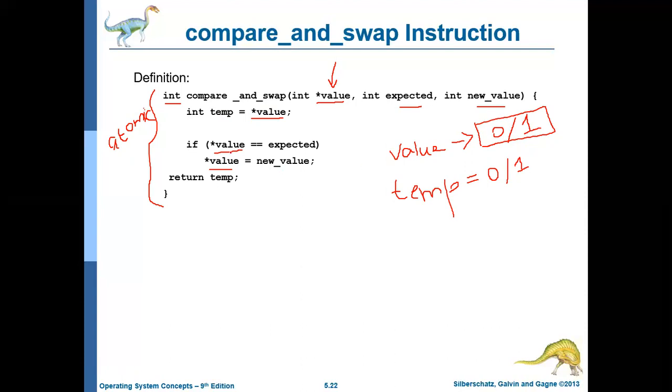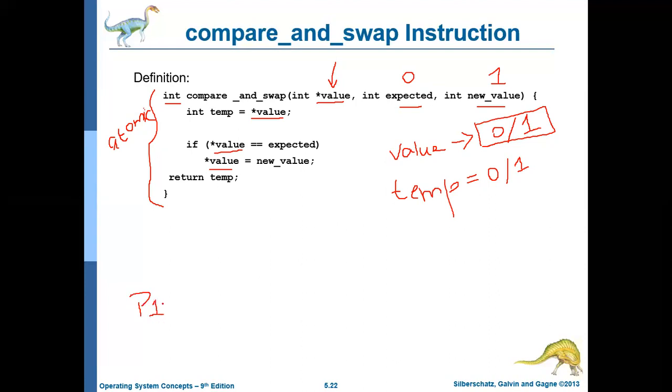Then what we check is if star value is equal to expected. Here, this expected value will always be 0, and the new value will always be 1.